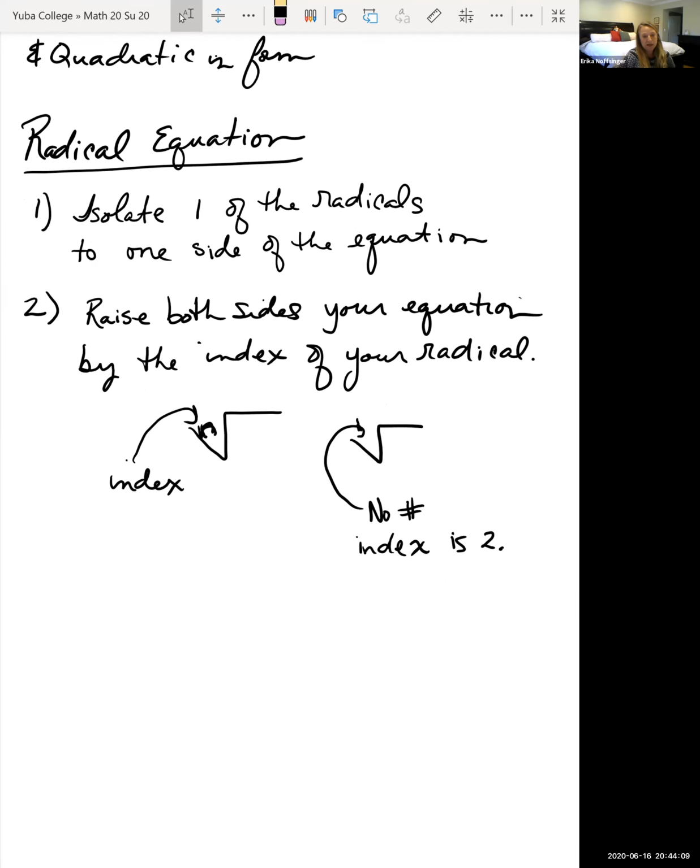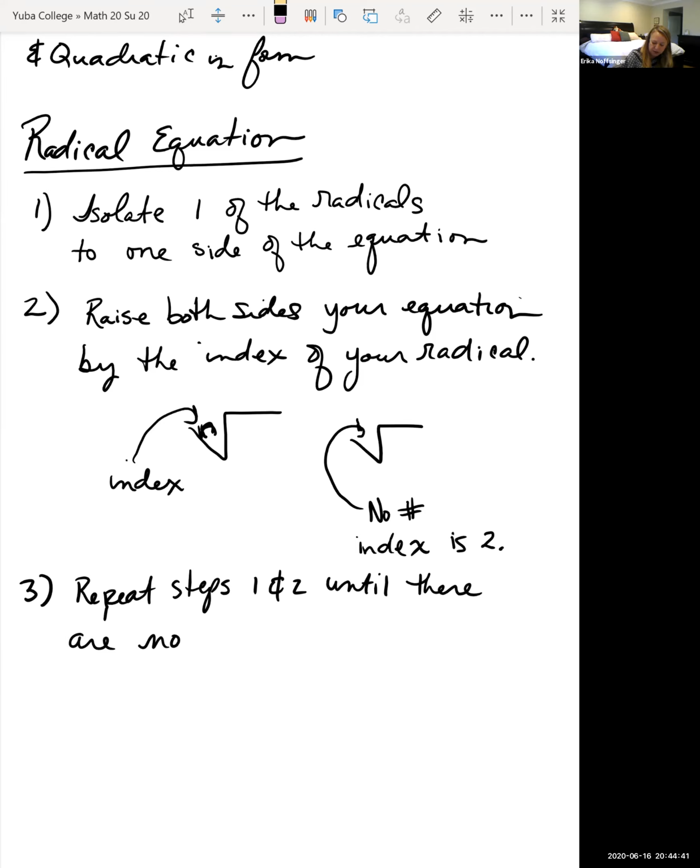Okay, so you've isolated one radical. If there was more than one, or you just isolated the radical if there was just one, you raise both sides to that index. That gets rid of the radical on the one side that you had isolated it. You're going to repeat steps 1 and 2 until there are no more radicals in the equation.